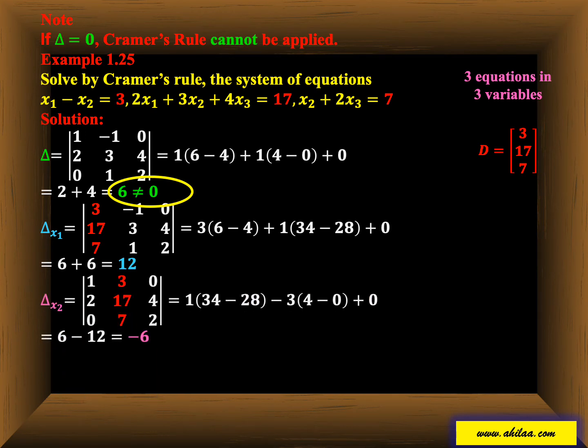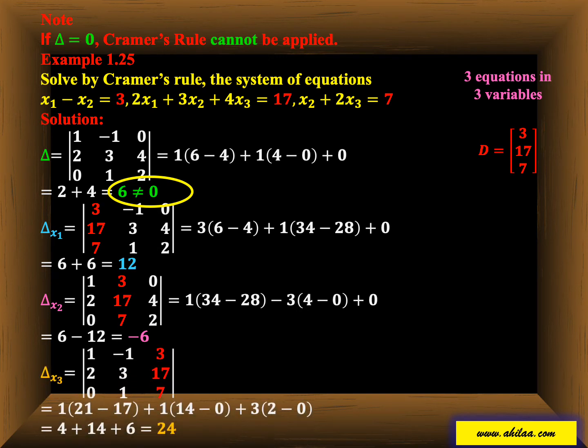Similarly proceed. We get the value of the determinant delta x2. So replace the second column by 3, 17, 7 and get the expansion, and we get the value as minus 6 here.